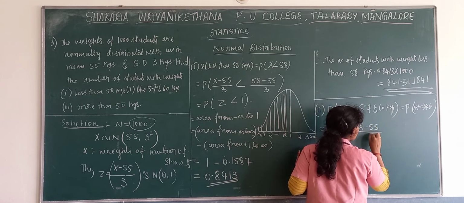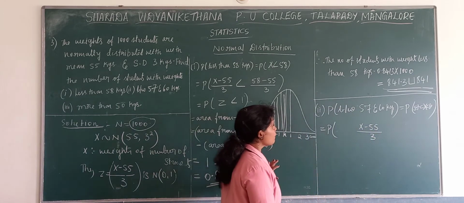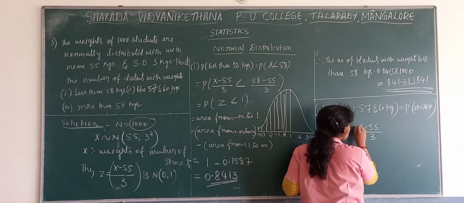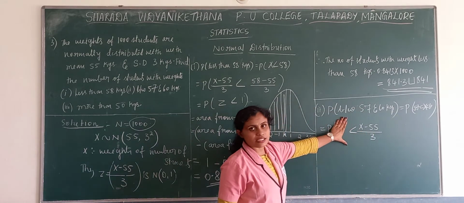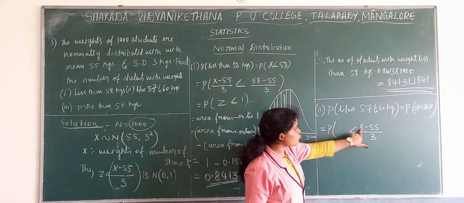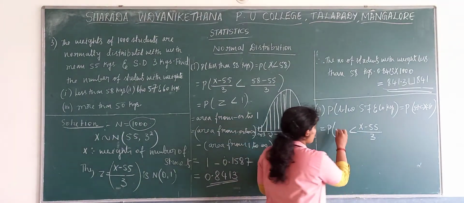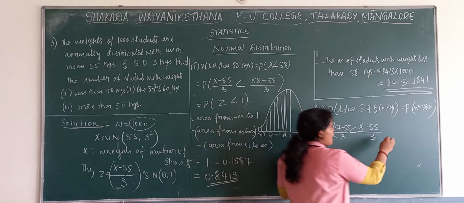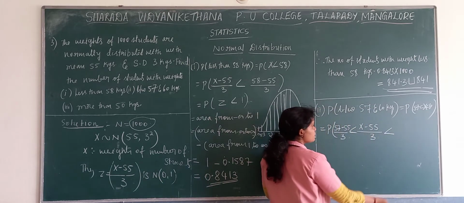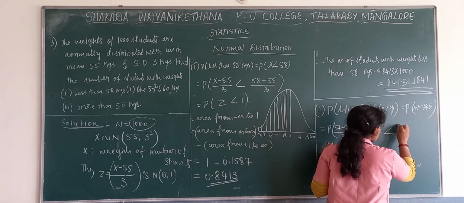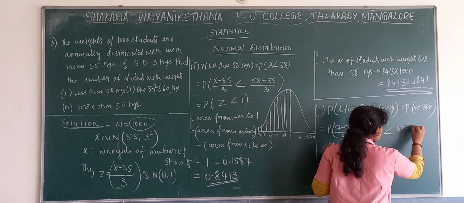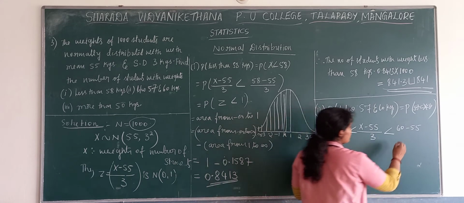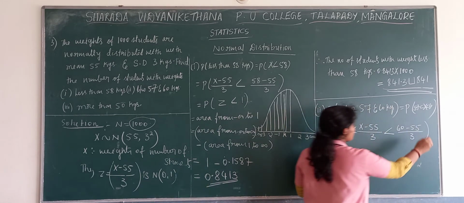55 divided by 3. Now here it is greater than, once again the same formula, but substitute 57 in the place of X. Now here 57 minus 55 divided by 3. And here lesser than, substitute 60 now: 60 minus 55 divided by 3.